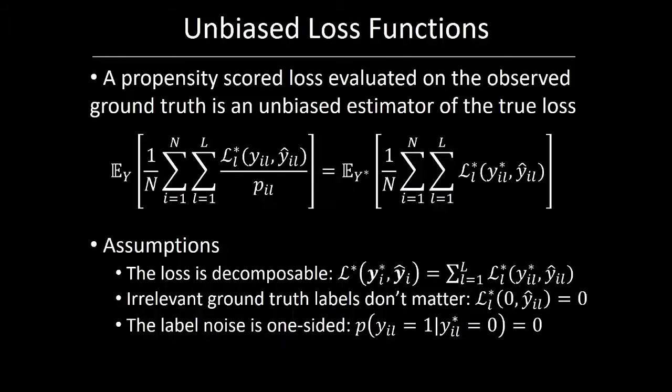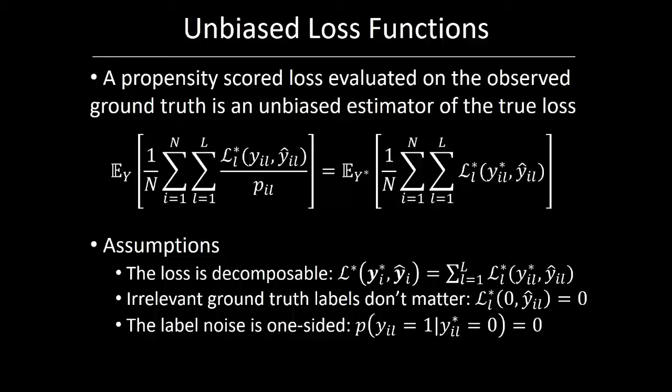So here's a formal statement of our theorem, and all it essentially states is that if you take the propensity scored loss, which is nothing but the original loss weighted with the inverse propensity 1 by p_il for user i and item l, then this computed in expectation over the observed ground truth will give you an unbiased estimate of the true loss computed over the full ground truth.